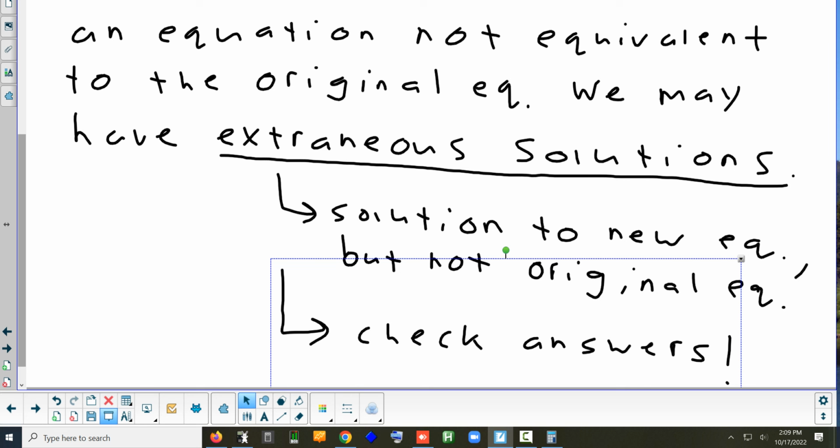Generally, what's going to happen in our kinds of problems is when you try to check it, it's going to cause you to divide by 0. You can't divide by 0. So if you plug a number back in and it causes you to divide by 0, we're going to cross that answer out and say that it doesn't work. If it doesn't cause you to divide by 0, then it's okay.